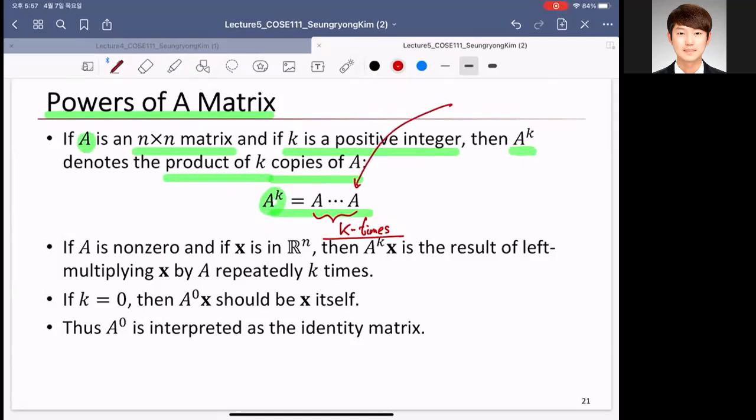This is very similar to scalars. If we compute A cubed, it should be A times A times A, right?